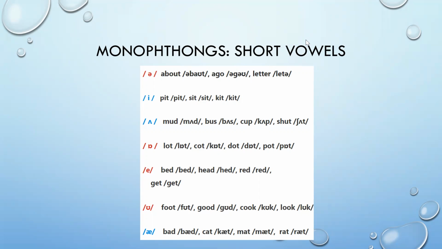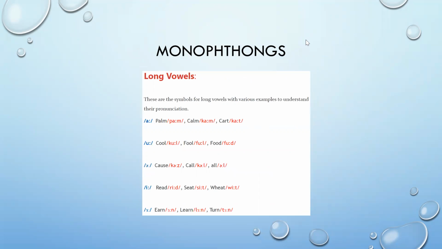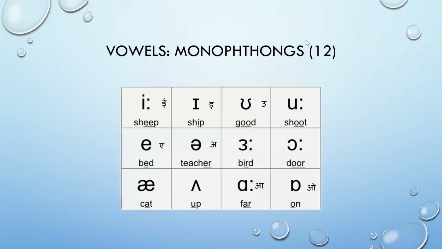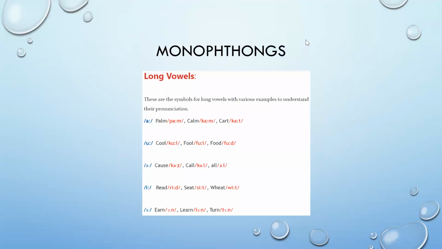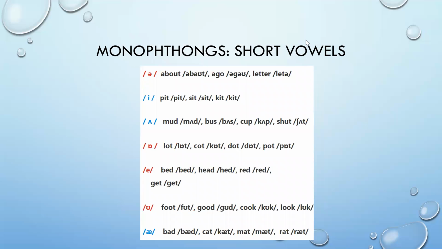Monophthongs in total are 12. These 12 are further divided into long vowels and short vowels.